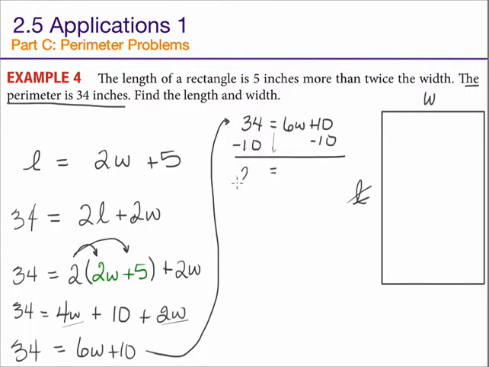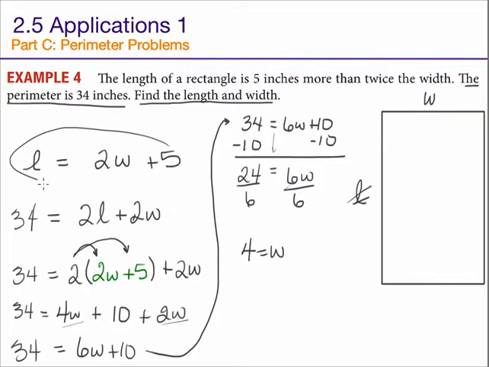Now my equation reads 24 equals 6W. Finally, I can multiply both sides by 1/6 or divide both sides by 6. 4 equals W. The width of this rectangle is 4, but we're asked to find the length and the width.